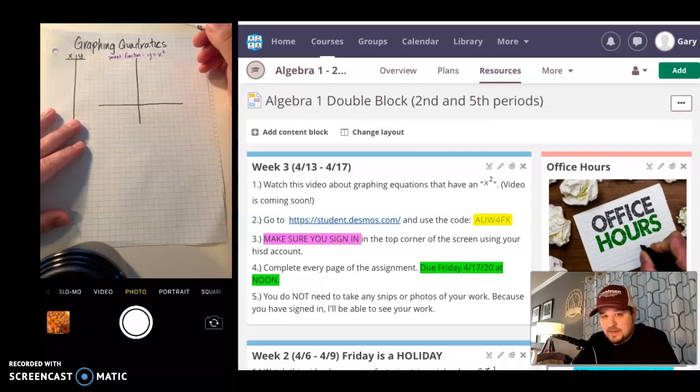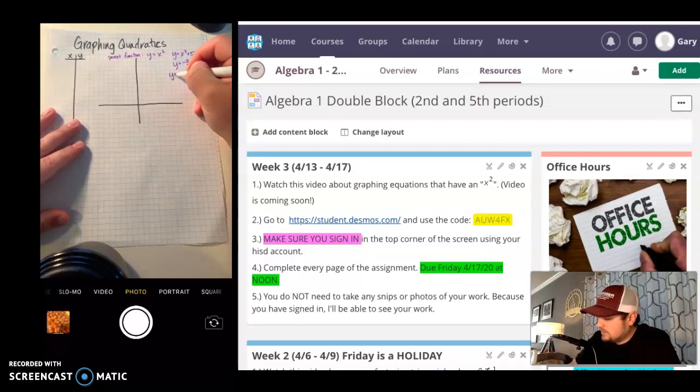By the end of this week, and definitely by the end of the next couple of weeks, we'll be able to graph things that look like y equals x squared plus 5, where we have a number that's added. We might have things that look like y equals negative 3x squared, where we have a number that's multiplied, a coefficient.